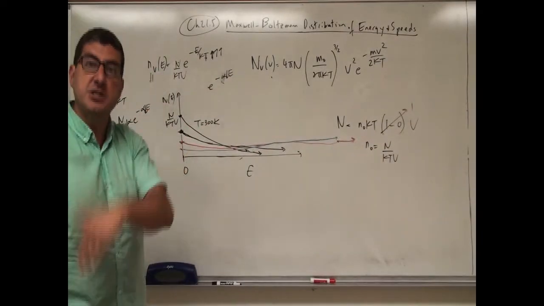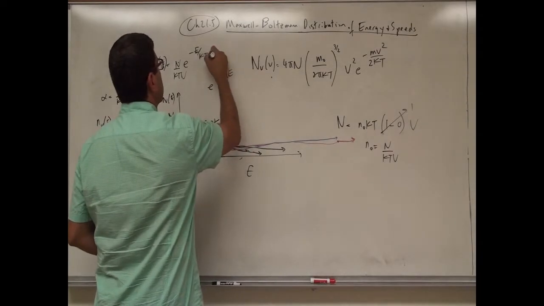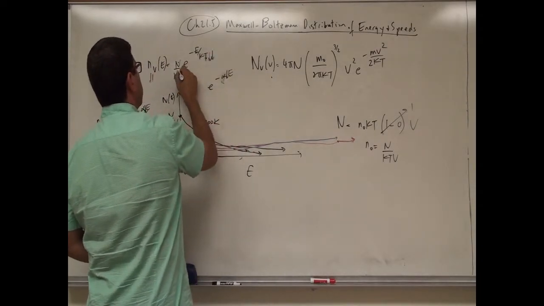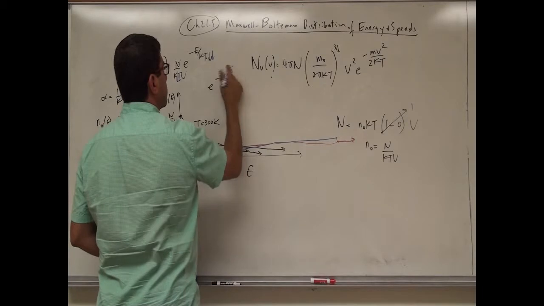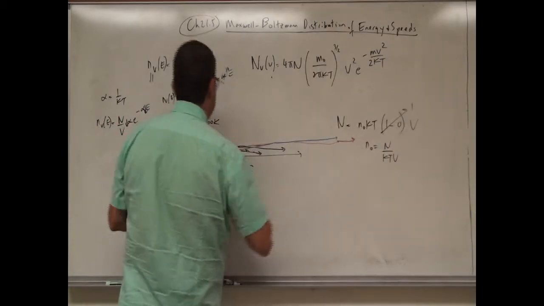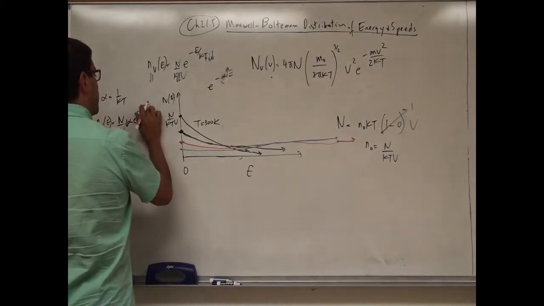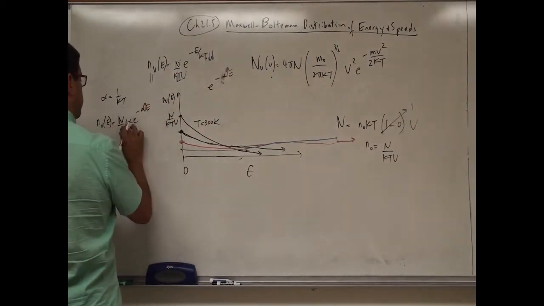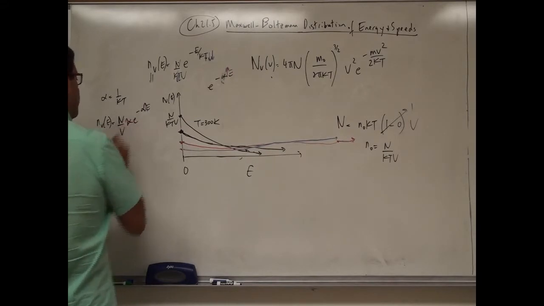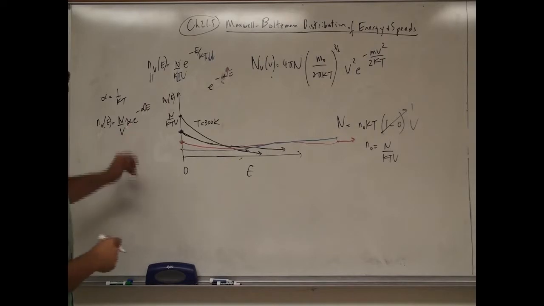Now, what happens as I decrease the temperature? When I decrease the temperature, I'm making the alpha bigger, right? The alpha is getting larger. So when the alpha is larger, at E equals 0, e to the 0, you're going to have a larger number.